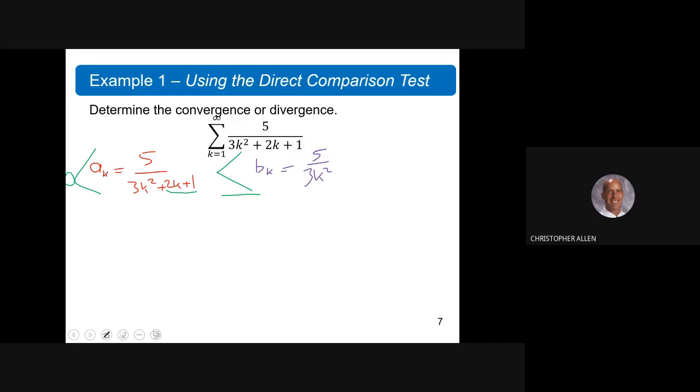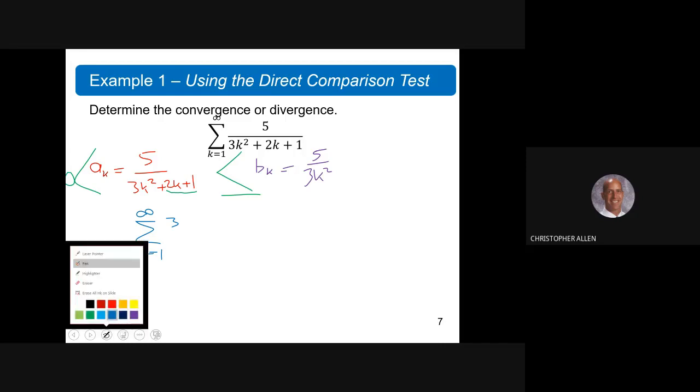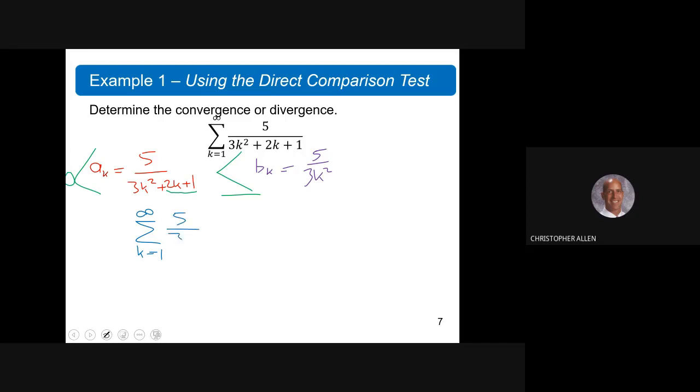Now, why is that helpful? Why that's going to be helpful is, let's do it in blue, instead of looking at this series, I'm going to look at this series right here. Oops, I just wrote the wrong number on top. 5 over 3k squared, which is the same thing as the sum from k equals 1 to infinity of 5 over 3 times 1 over k squared, which is the same thing as 5 over 3 times the summation from k equals 1 to infinity of 1 over k squared.